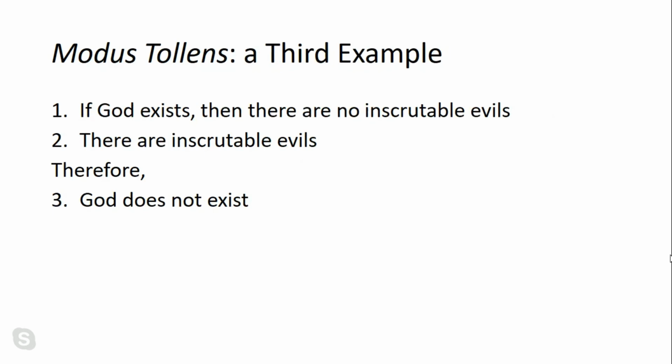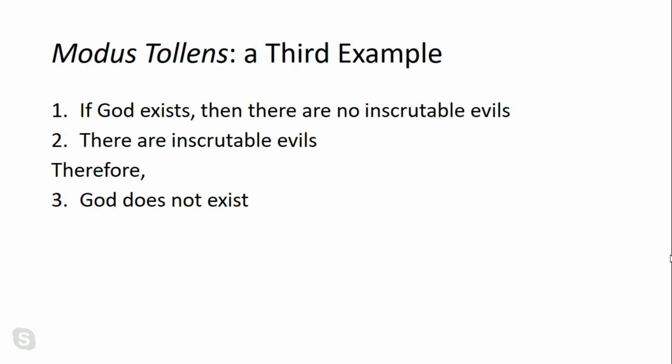This is a version of the problem of evil, and exactly the same thing holds here. It has a structure that is valid. Now we need to ask, are the premises true? So logic will tee this up for us, but we still have to take a swing and drive the ball down the fairway. We cannot simply say, I set it up as a valid argument, my work is done.